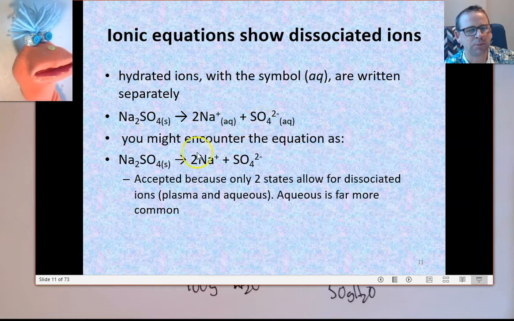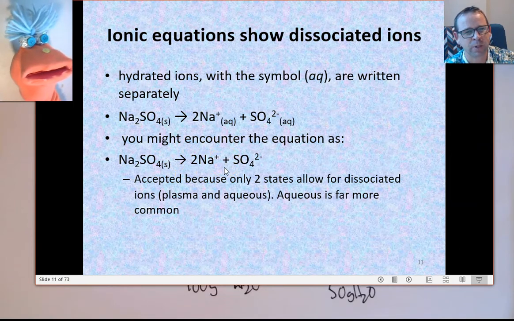Sometimes you don't see the aqueous when ionic compounds are placed in chemical equations, but that's all right. The deal is, if you see an ionic species like this, it has to be dissolved in water, right?